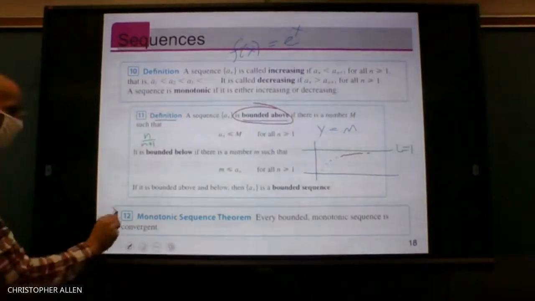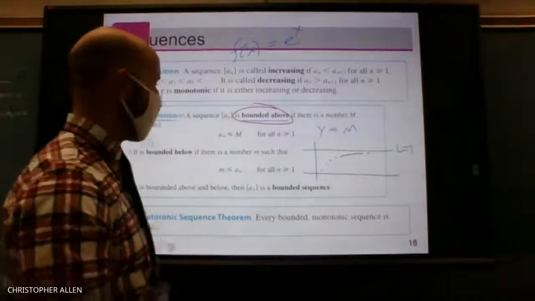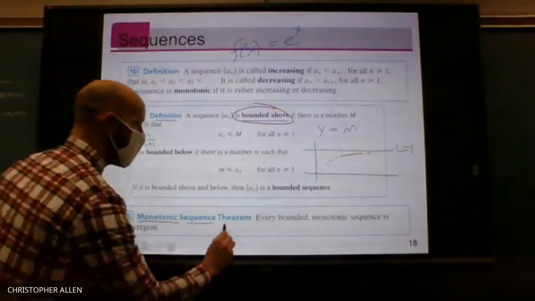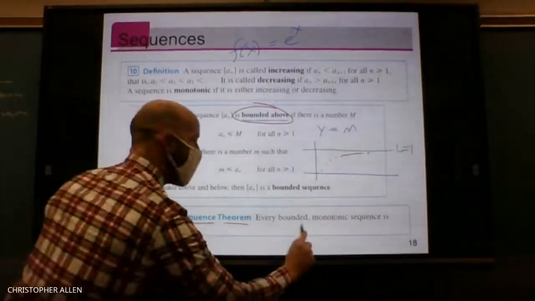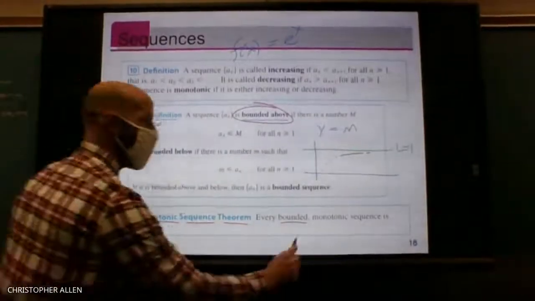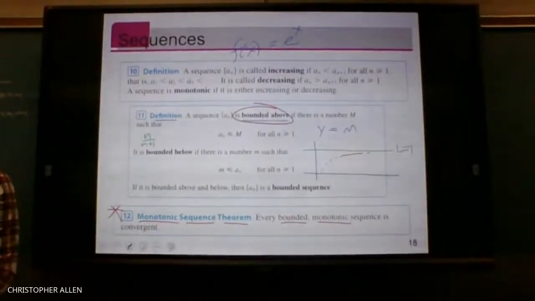So here's the last thing I want to mention. I have one more example, but I think I might leave that off for now. And here's what the monotonic sequence theorem says. Every bounded monotonic sequence is convergent.